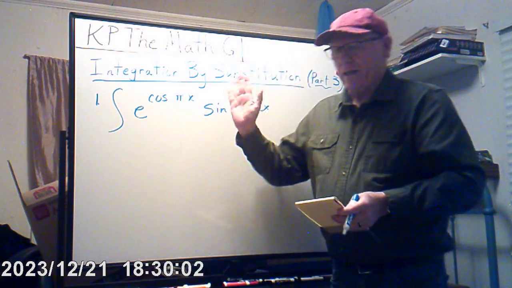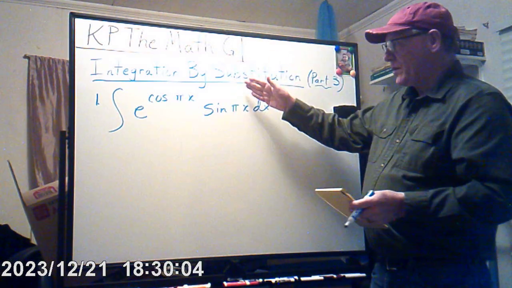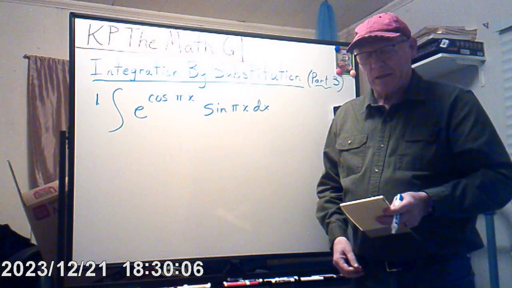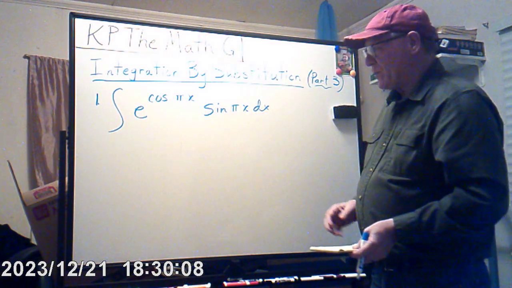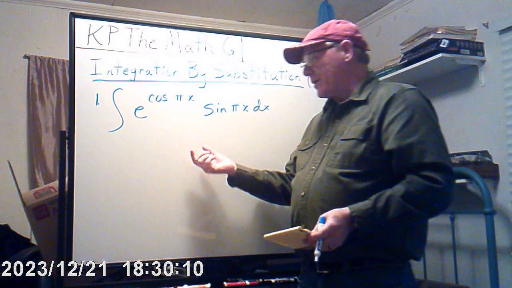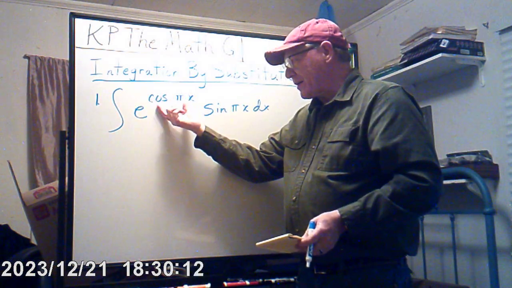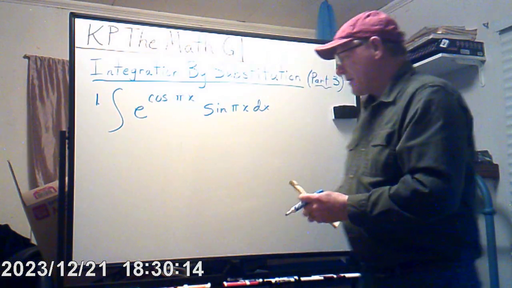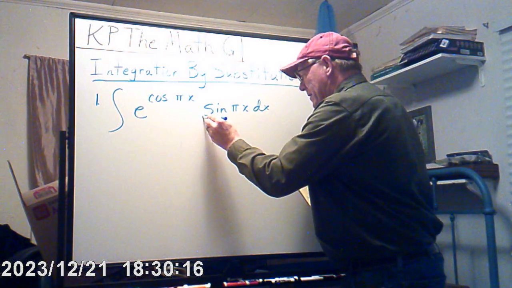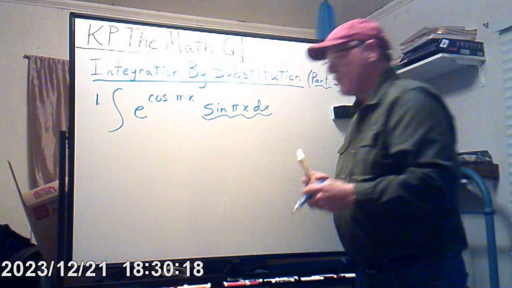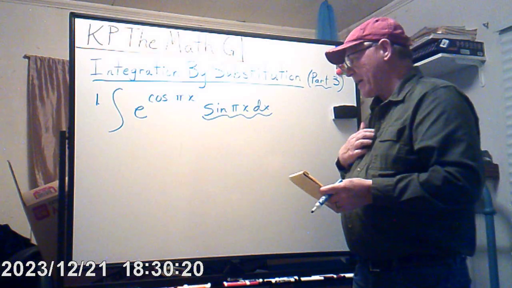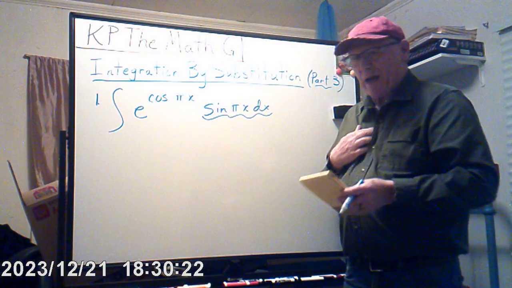What to let u be? We are doing this by substitution. When do you know you need to substitute? Well, one thing I know is I've got cosine and sine. It would be nice that in my substitution I get sine pi x dx back.